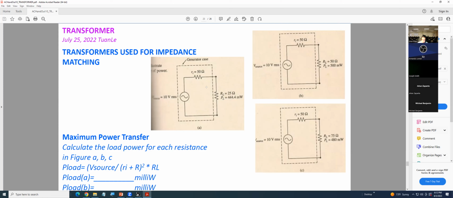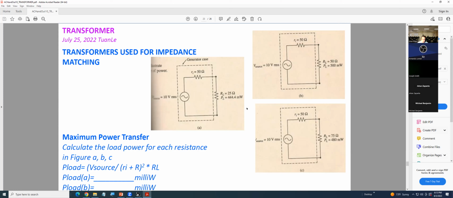For this circuitry, they calculate the power of the load equal to 444.4 milliwatts. In order to do it, they're using the formula V source divided by Ri plus RL, squared, times RL.